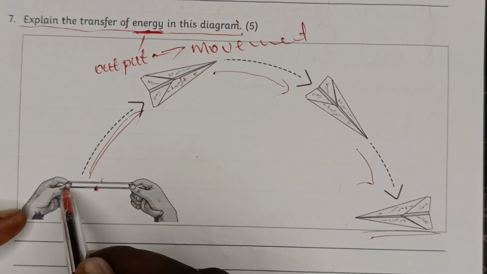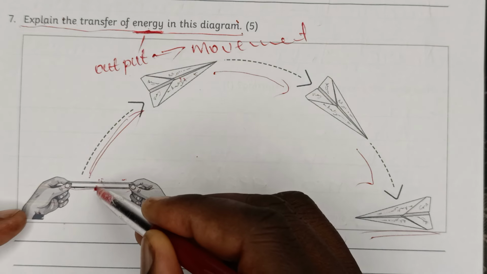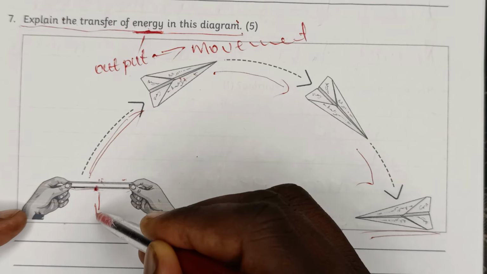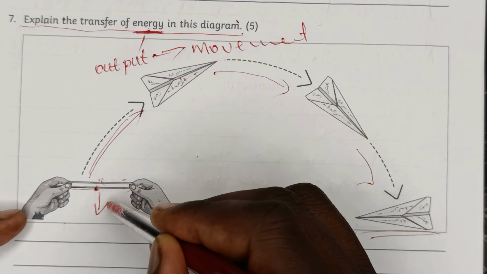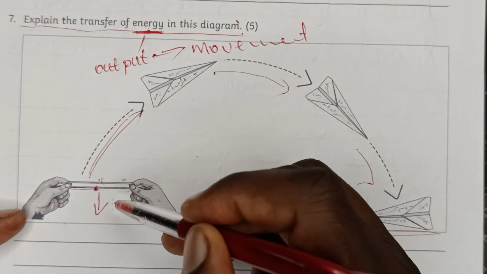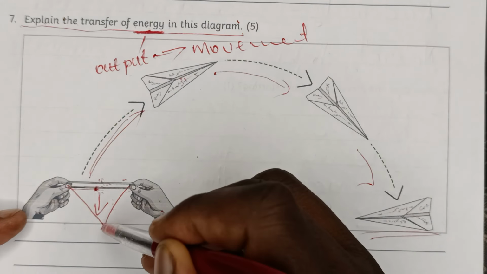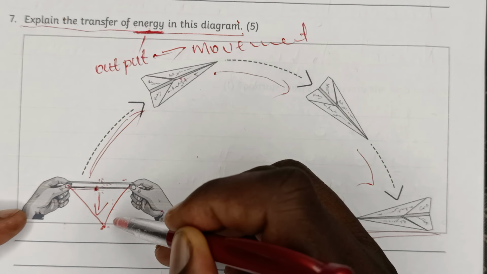When the rubber band, which is an elastic band, is pulled back tightly, the energy is stored in the rubber band. If it is pulled like this, now it has got energy.